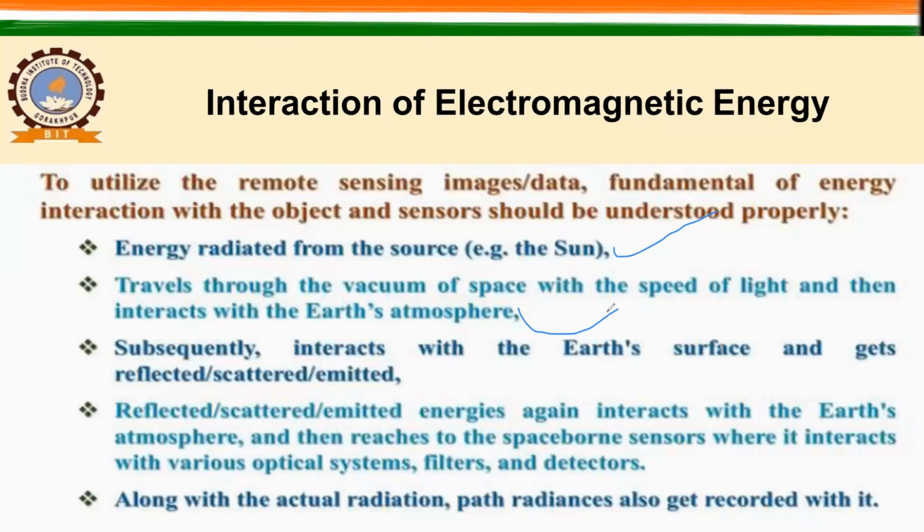Subsequently, it interacts with the Earth's surface and gets reflected, scattered, or emitted in different wavelength regions. Now the reflected, scattered, or emitted energy again interacts with the Earth's atmosphere, and then reaches the space-borne sensor, where it interacts with various optical systems, filters, and detectors, and subsequently gets recorded.